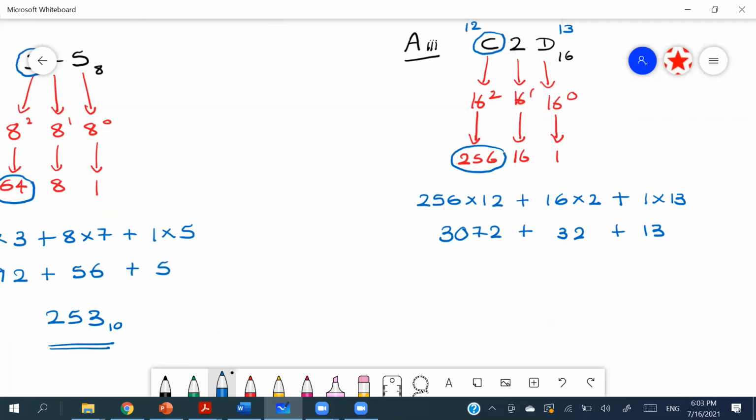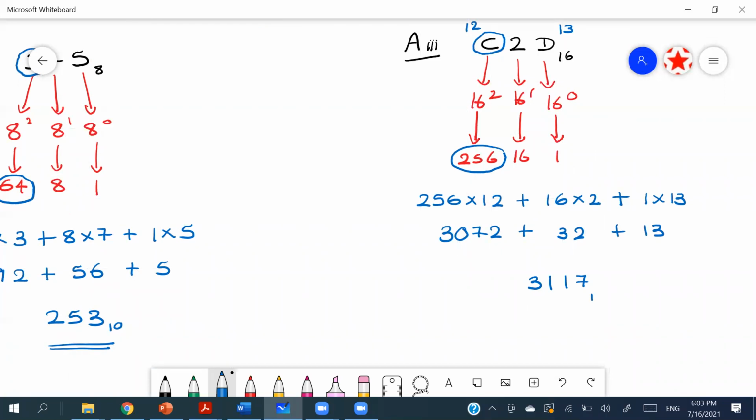So when you are adding these things, 2 plus 2 is 4, 4 plus 3 is 7, nothing is remaining. 7 plus 3 is 10, 10 plus 1 is 11, so 1 and 1 is remaining. So that 1 and the 0 of this 3072 get added, so it will give us 1, and then 3 as the last number in the value.